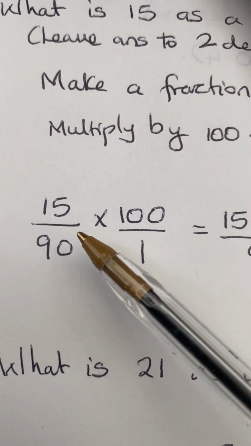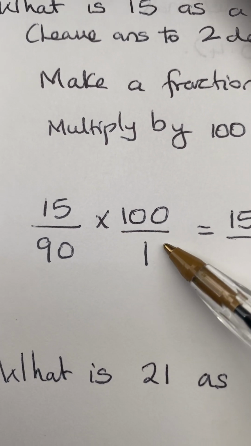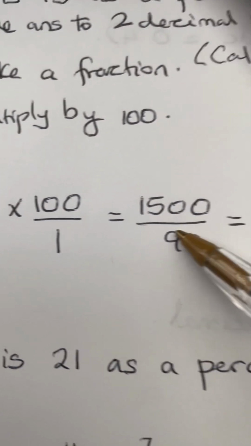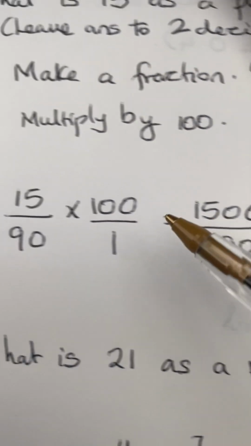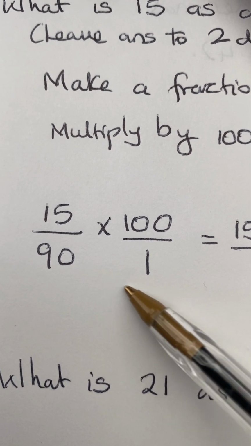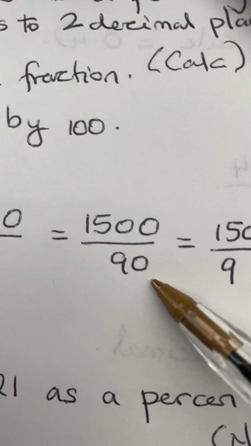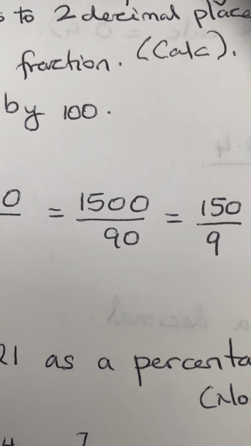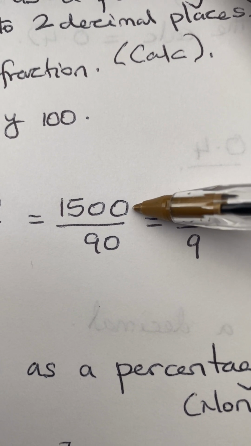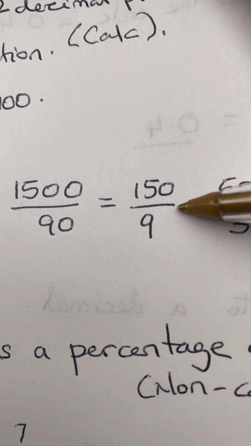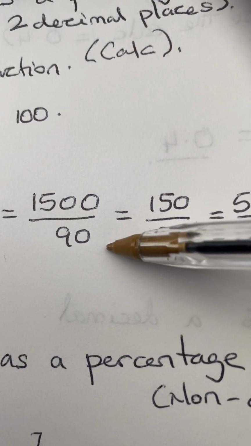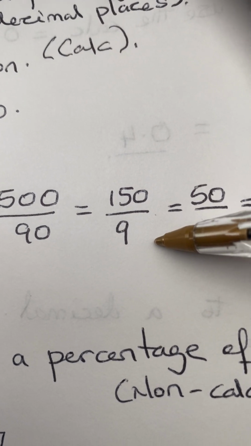Now we have 15 times 100 is 1500. 90 times 1 for the denominators is 90. Now how many tens do we have in 1,500? 150. That is straightforward. How many tens do we have in 90?